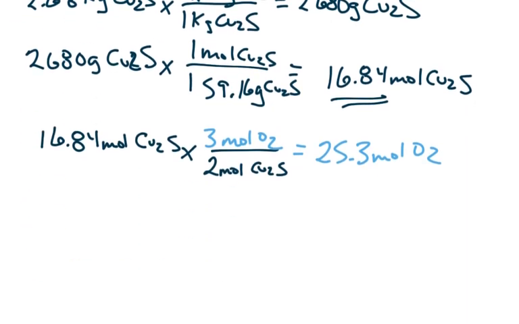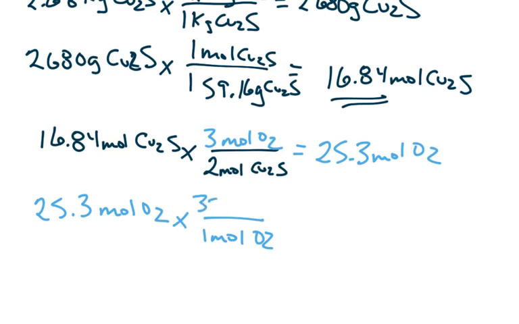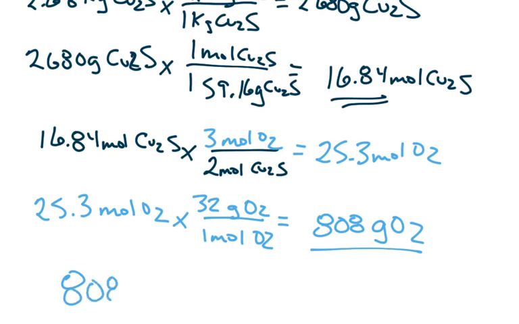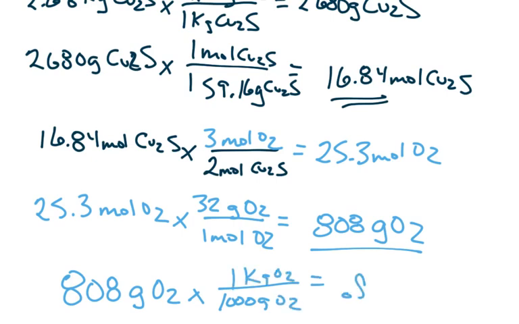So 25.3 moles of O2, 1 mole of O2, there's 32 grams of O2, equals 808 grams of O2. And now 808 grams of O2 times 1 kilogram of O2 per 1,000 grams of O2 equals 0.808 kilograms of O2.